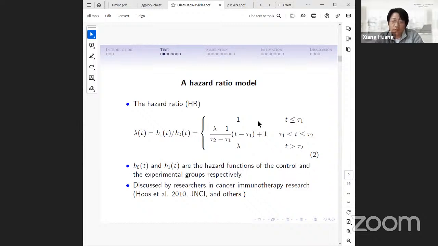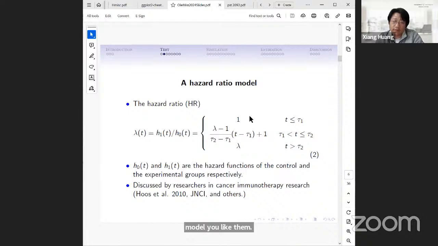So suppose there's just a time tau star. The hazard ratio changes from 1 to lambda, but not smoothly. There's a jump at time tau star. So a simplified model is just two pieces of the function.